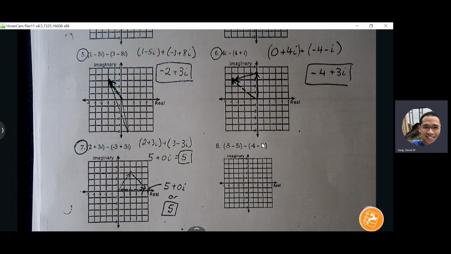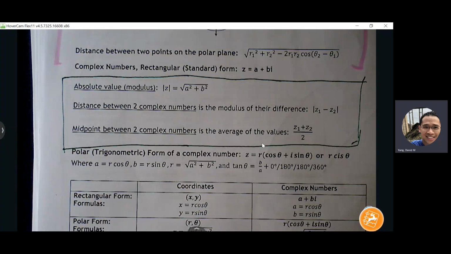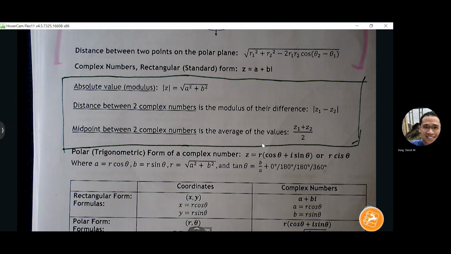Okay, so the second quiz will basically cover these items here, so I'll go over these problems one by one. So first is modulus. This is on the back of your calendar, by the way, these formulas. So, absolute value, modulus, basically just Pythagorean theorem, defining the magnitude of your complex number or your vector.